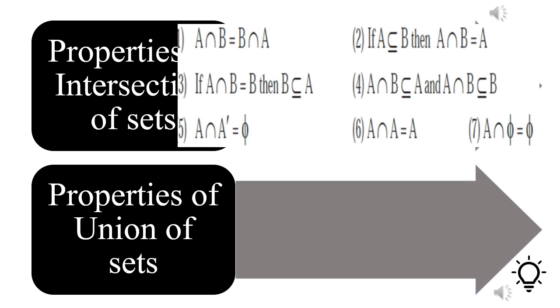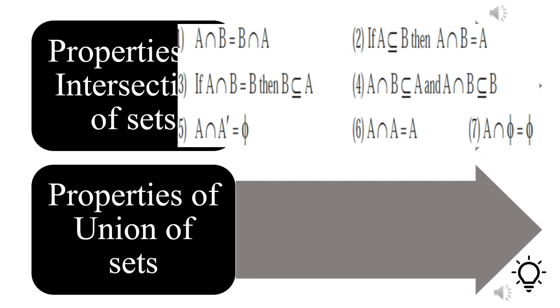Correct? Next, fourth one, A intersection B is a subset of A and A intersection B is a subset of B. Okay?